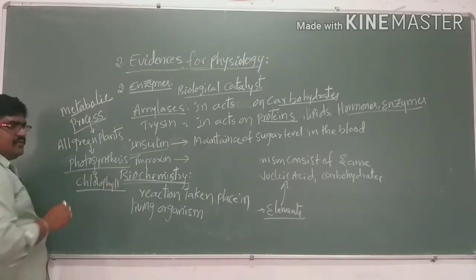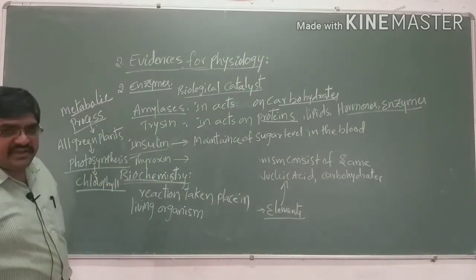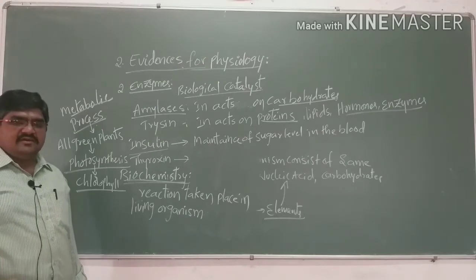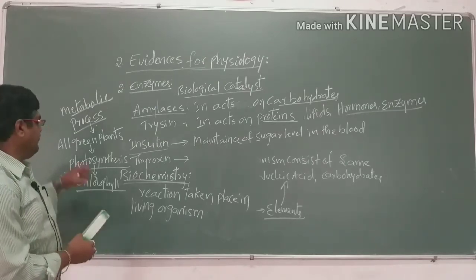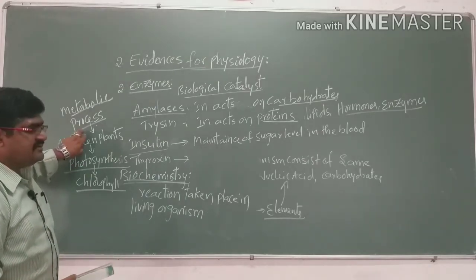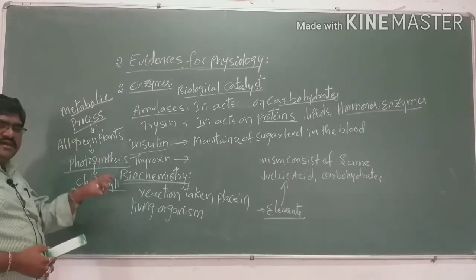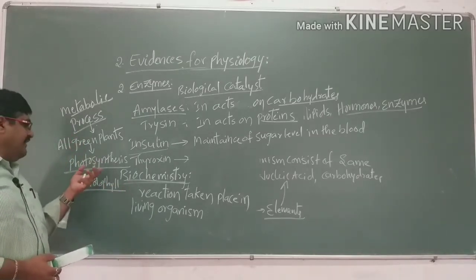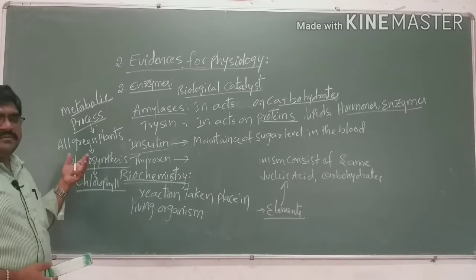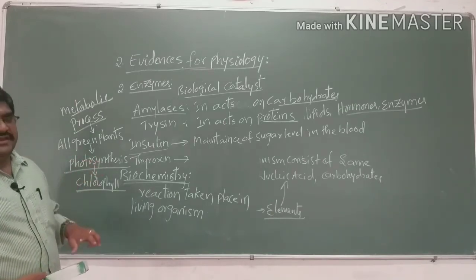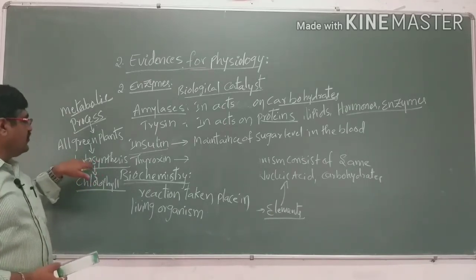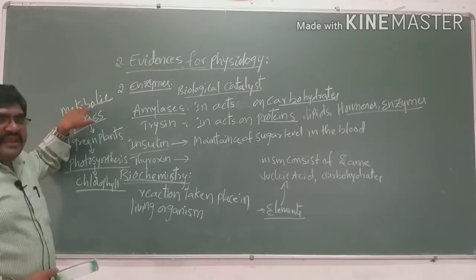So with the help of chlorophyll, they prepare their own food from single-celled organisms to the multicellular. That means all green plants, either single-celled or multicellular, have the same process. They prepare their own food materials by the process of photosynthesis, that is a metabolic activity.